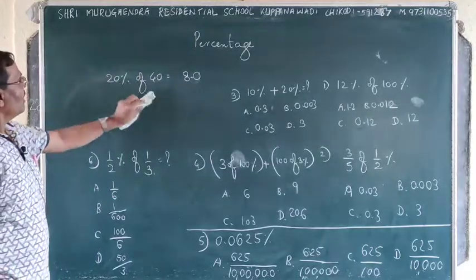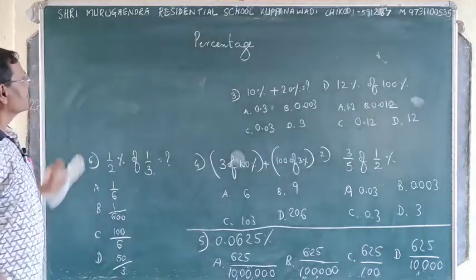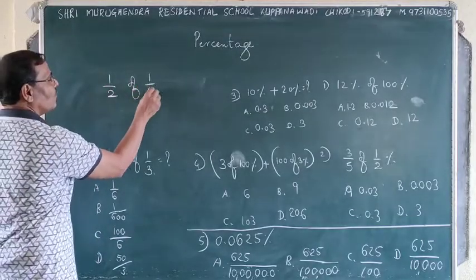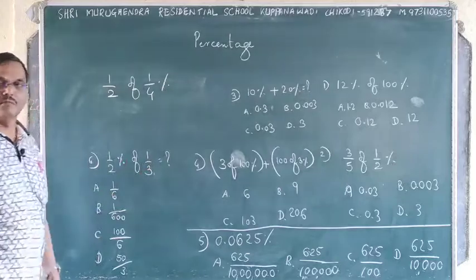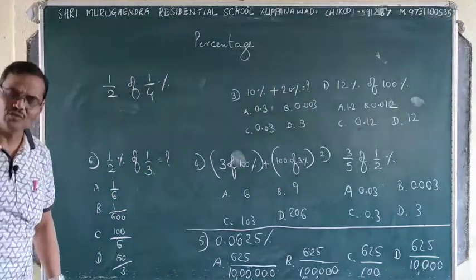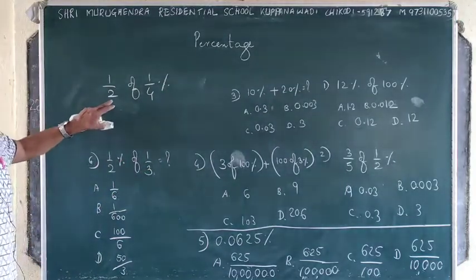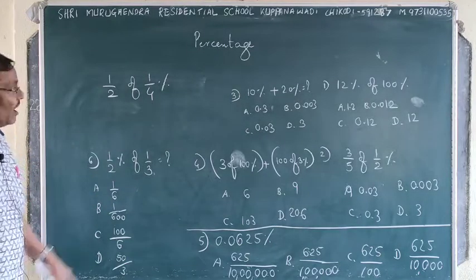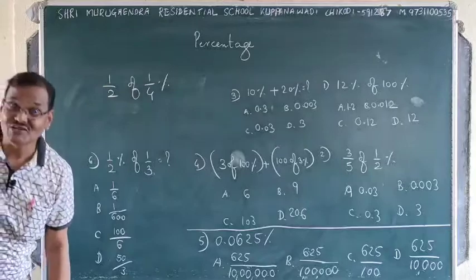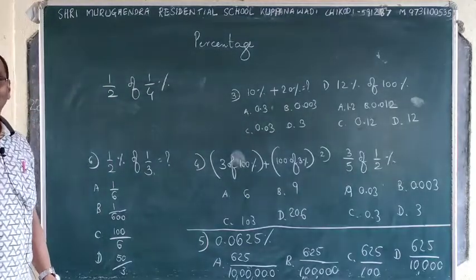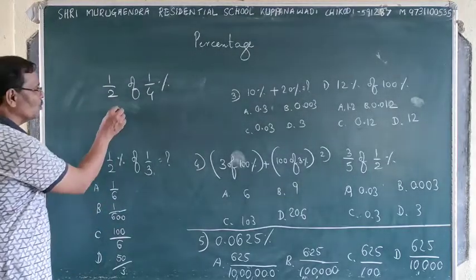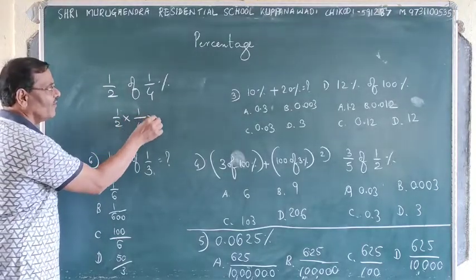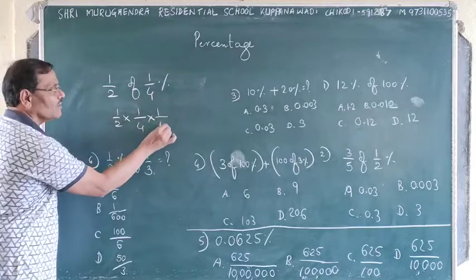Okay. One more I am giving you. Half of 1/4%. The number itself is half, 0.5 or 50 paisa. You have to take 1/4 percentage. Then how you have to do is 1/2 into 1/4 into its value, 1/100.